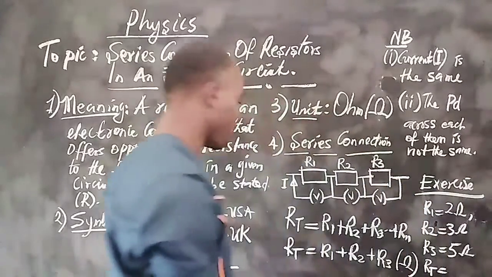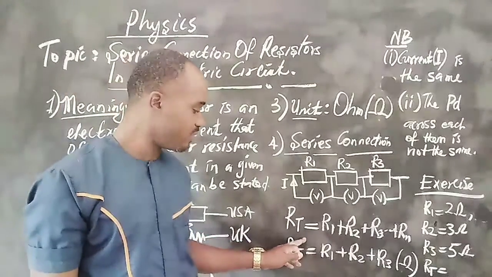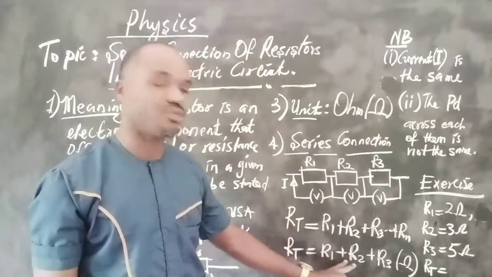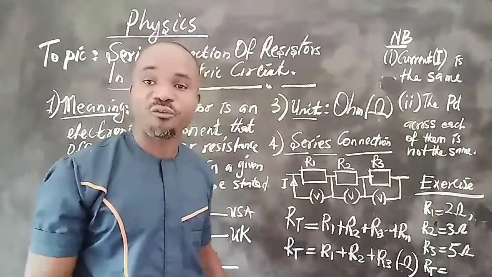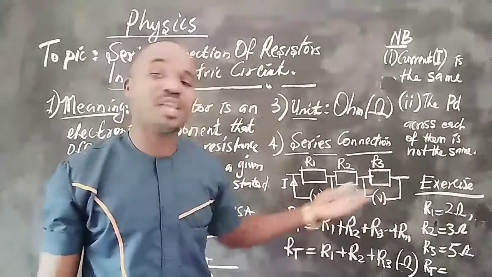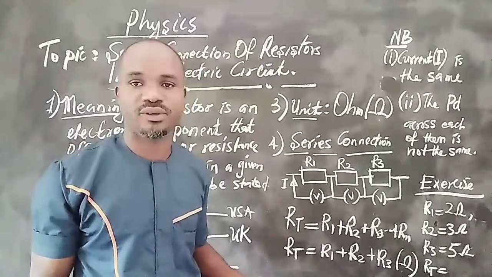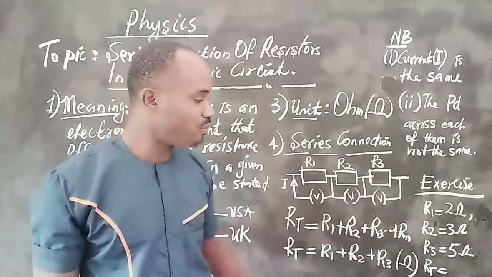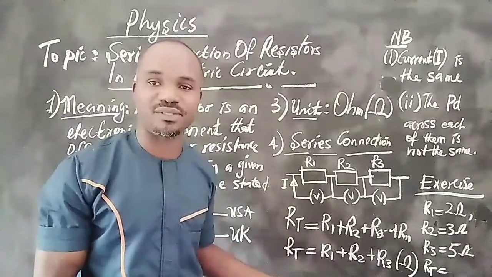To find the equivalent resistance, we recall the formula: R_T is equal to R1 plus R2 plus R3, since we have 3 resistors offering different resistances. The question might come in this form: 3 resistors of resistances 2 ohms, 3 ohms, and 5 ohms respectively are connected in series.